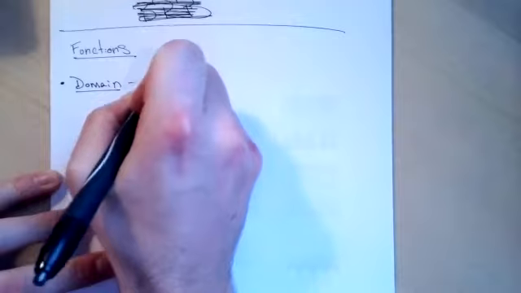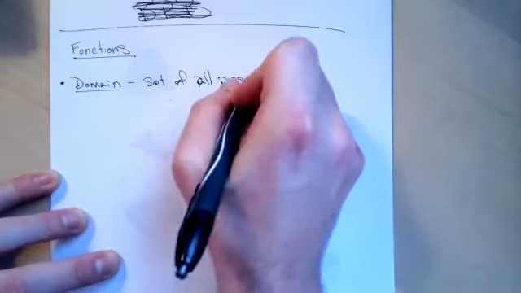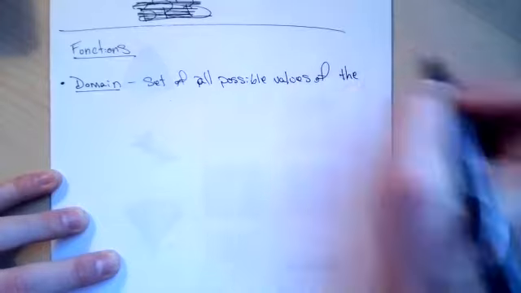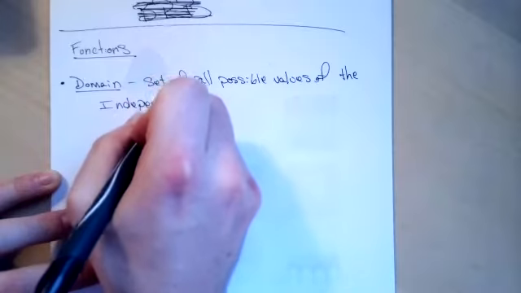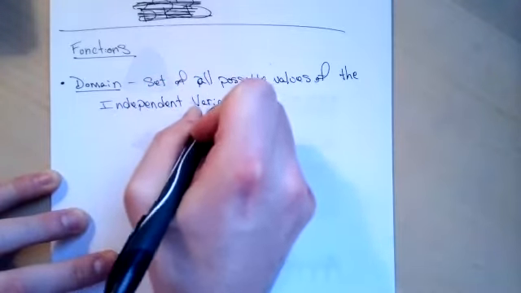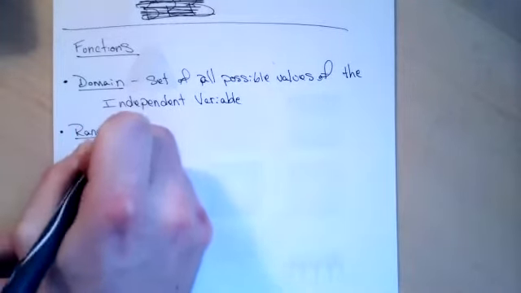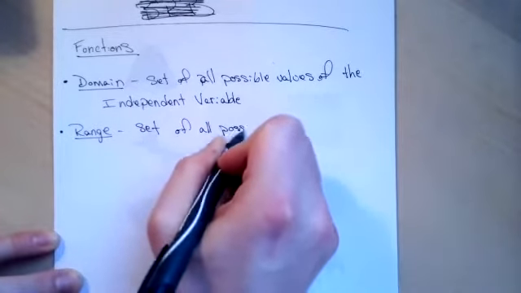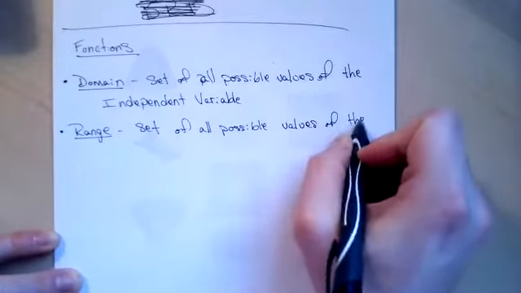So the domain is the set of all possible values of the independent variable, and the range is going to be the set of all possible values of the dependent variable.